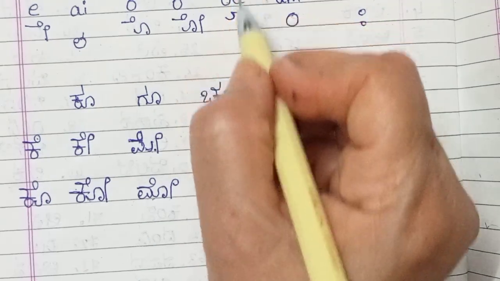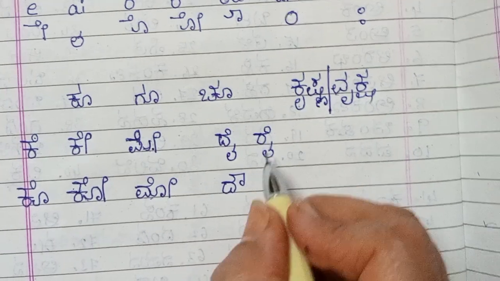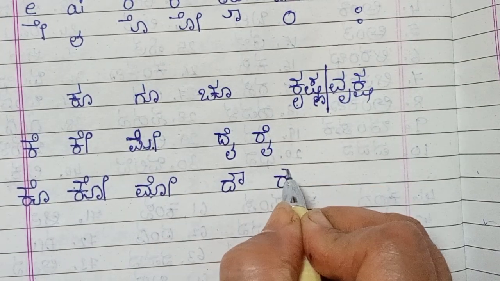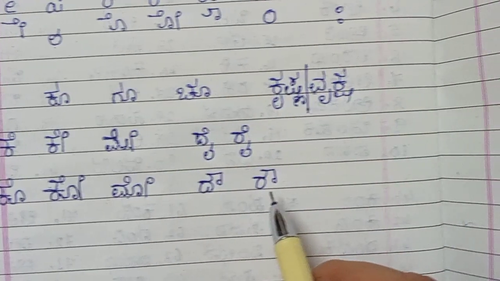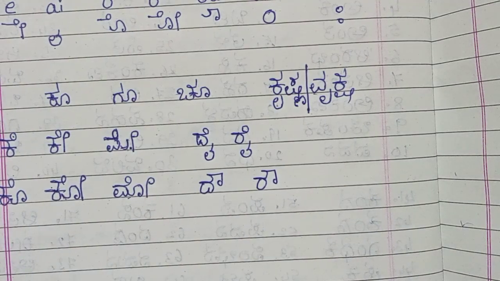You add this sign here for the letter, then this becomes au. For rau, this is ra, au. This sign, rau. So like this you will have to learn, but it takes a long time. You cannot learn within 2-3 days.